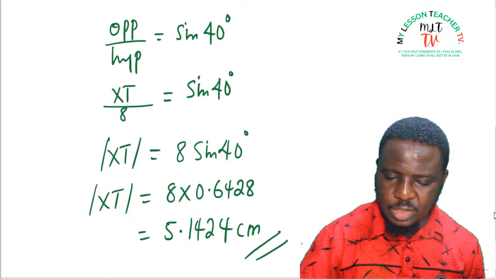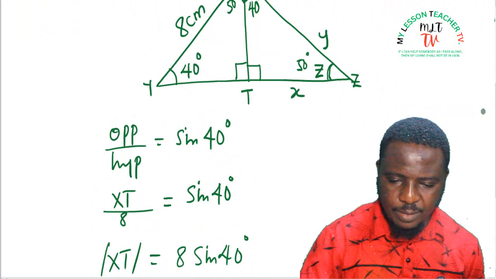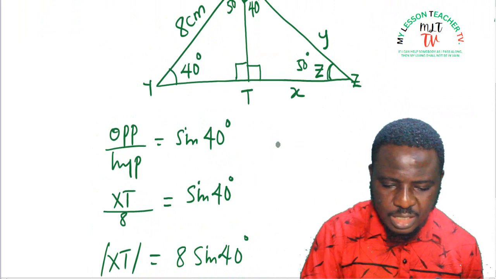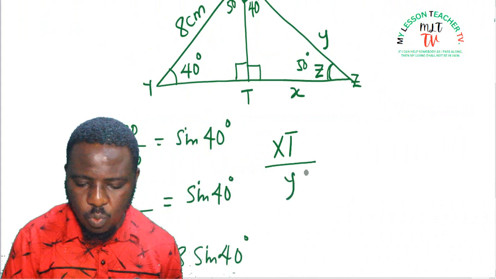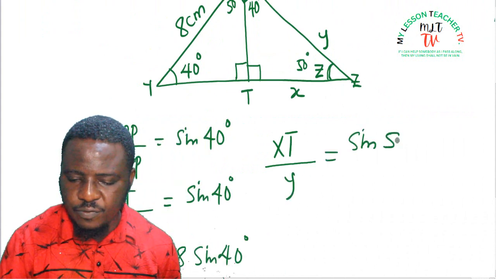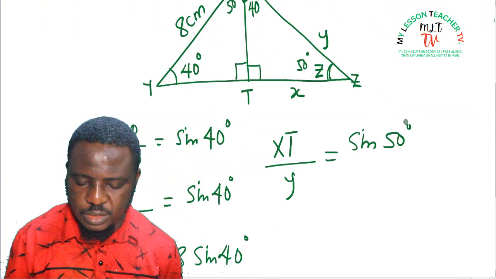So we can then use this to get our values for X and Y. With the trig ratio, we still have it that side XT to Y is sine 50 degrees, with respect to angle 50 degrees.